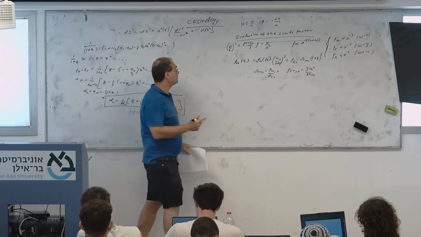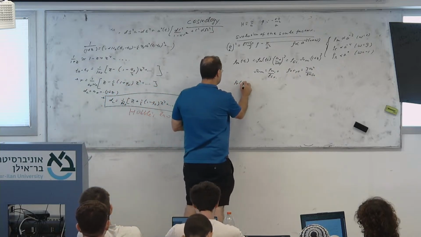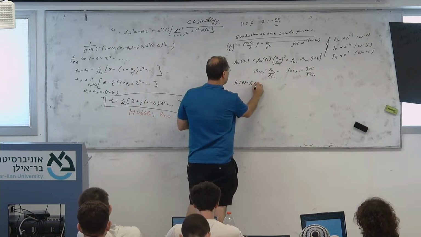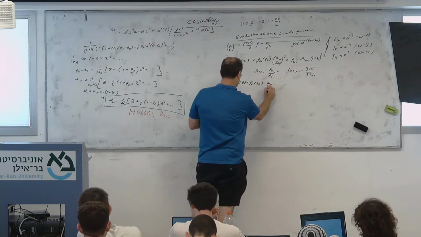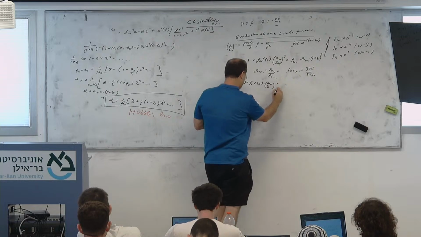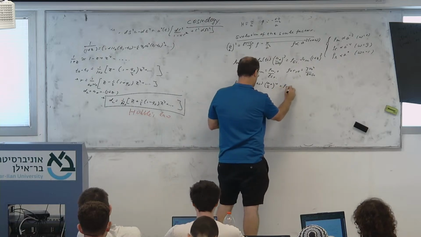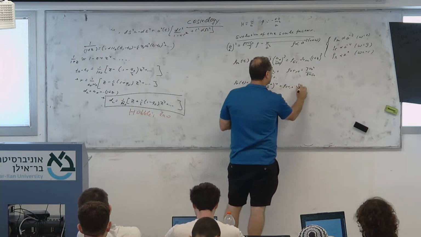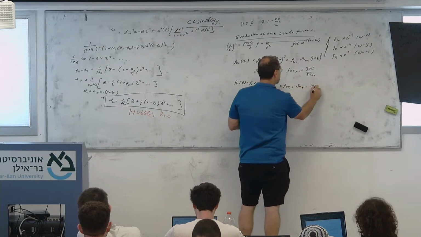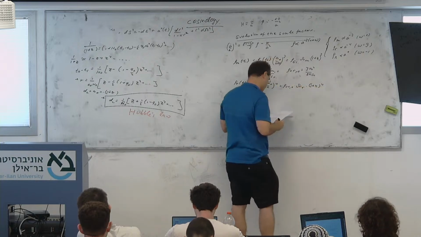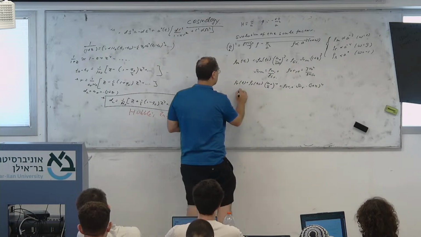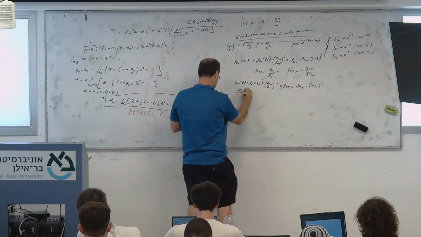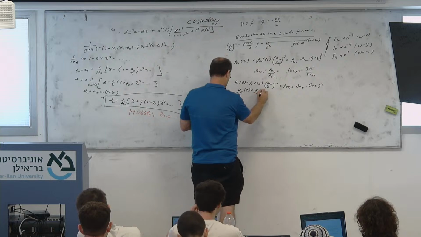Now, same for radiation, right? Rho radiation at time t is rho r today times a0 over a to the 4. So it's rho critical times omega radiation times 1 plus z to the 4. And rho vacuum at time t is rho vacuum today.